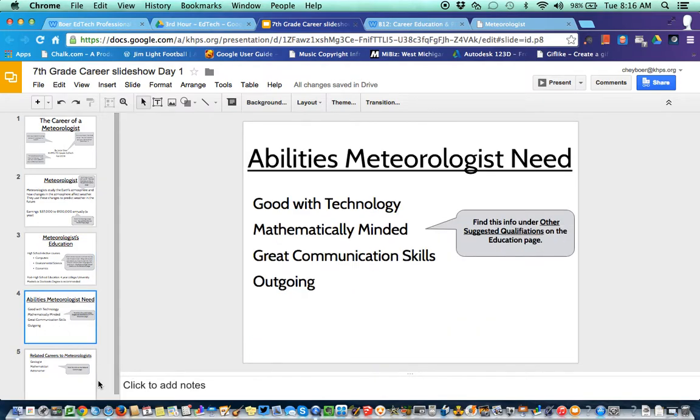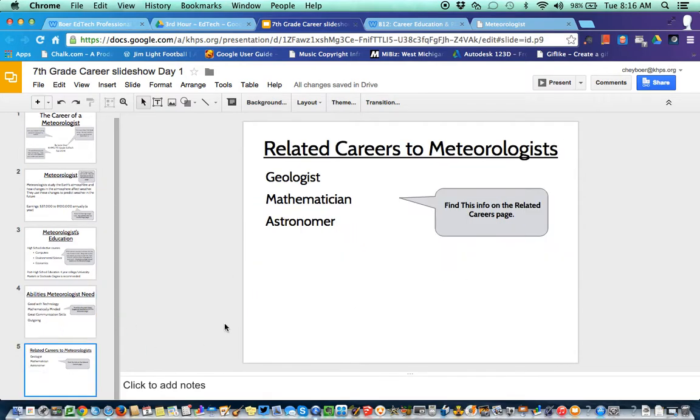There's a slide about abilities and some other things that career may need. And then some other careers or related careers to that career. So in case you get into developing, let's say, into a meteorologist, but maybe it doesn't work out for you, there are some other careers that you can go into that are based off that. We'll talk more about that later on in class. All right, so 5 slides total here, guys.